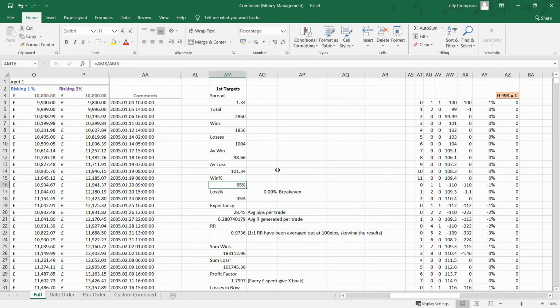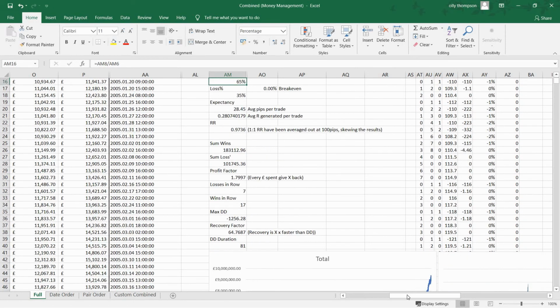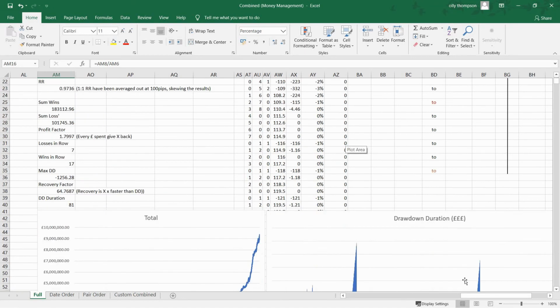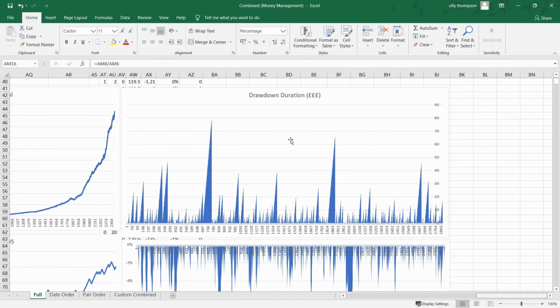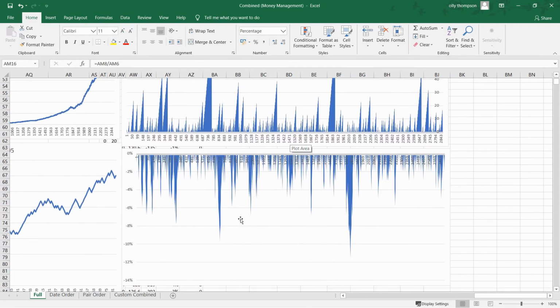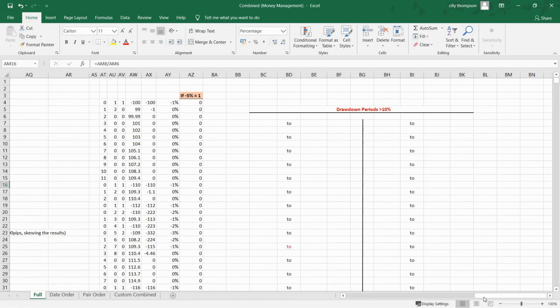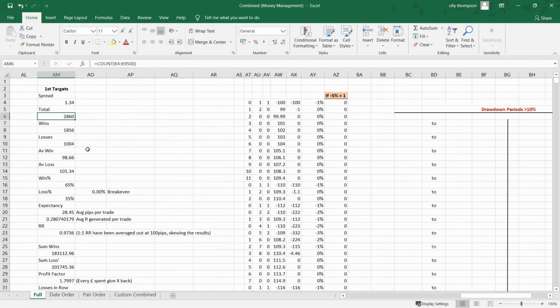Okay, we've got a 65% win rate. To delve deeper into this then, I've gone in and worked out the drawdown, so drawdown duration and drawdown percentages. Start with the percentage. Drawdown percent, I know I've only had one since 2005 all the way up to 2019, so 14 years' worth of data. However many trades, 2,860 trades tested, well, not even tested, are part of a winning strategy.